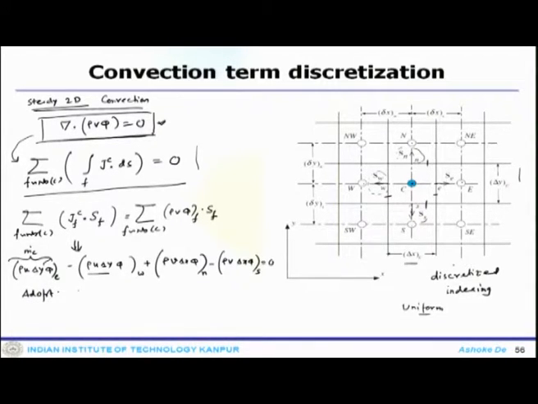The simplest one is the simple upwind scheme, or rather the first order upwind scheme.